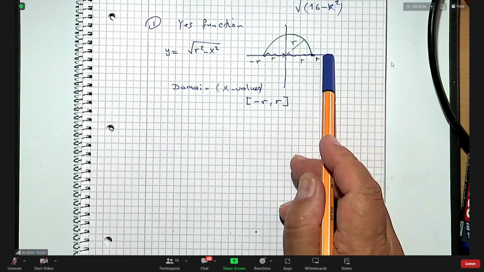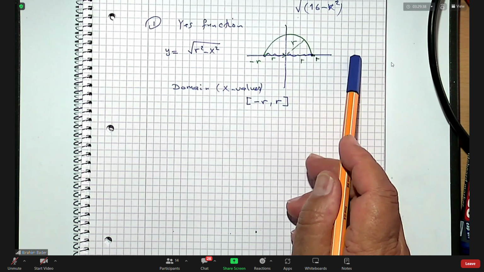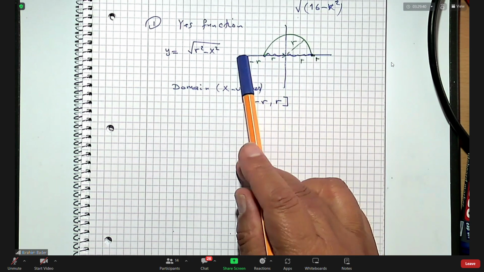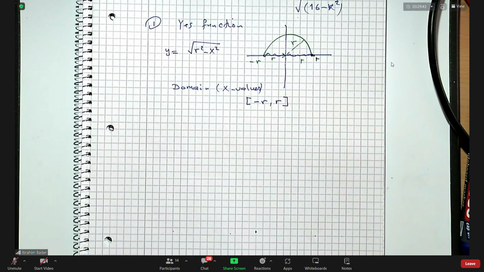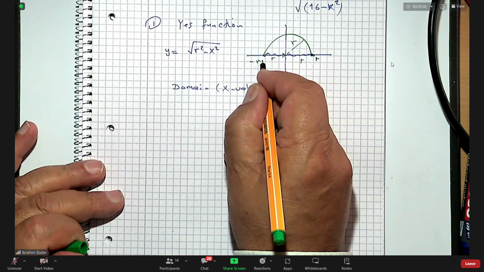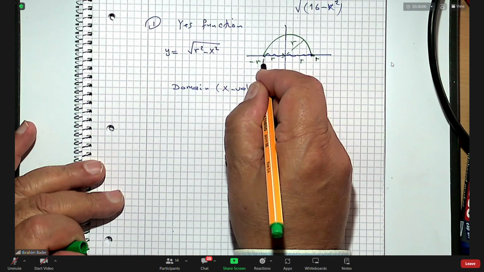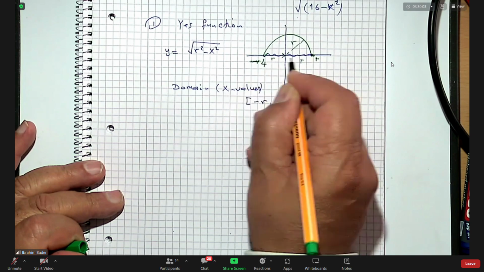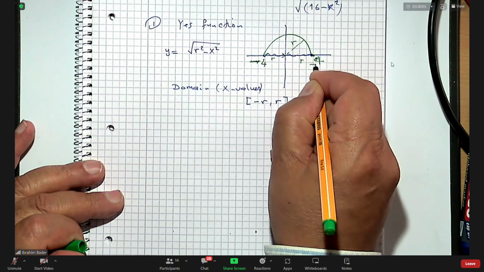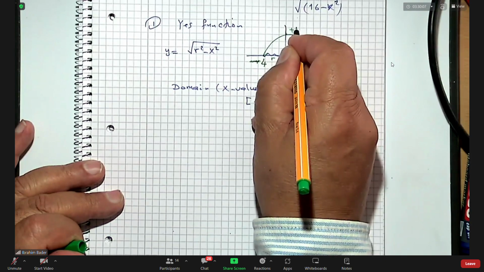Now, obviously, if you take any value beyond R, either to the left or to the right, and square it, this amount will become negative. Let's take a concrete example. Maybe you are confused because of the constant R. This is -4, and this is +4, because it's a circle.